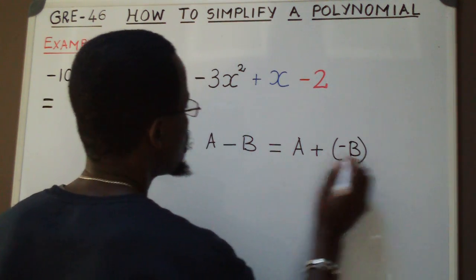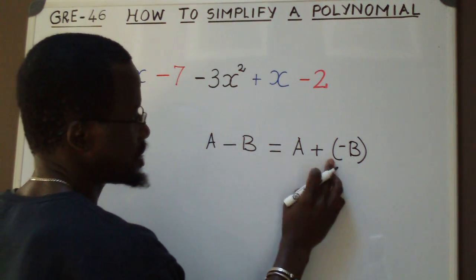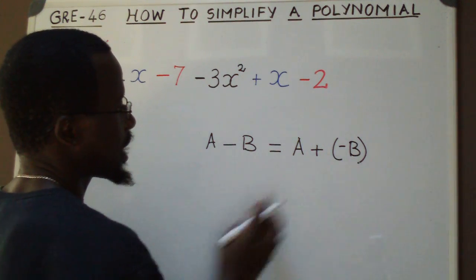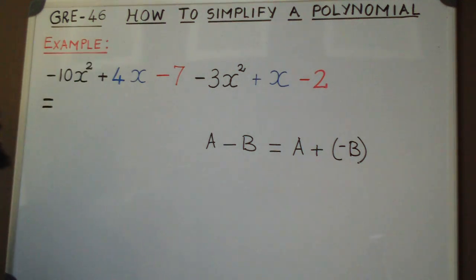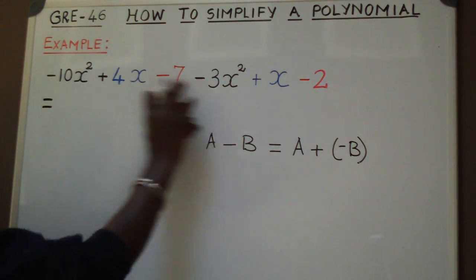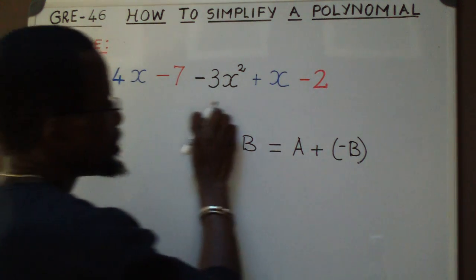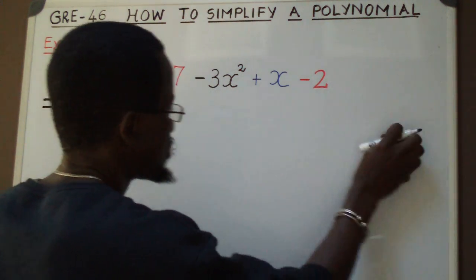In other words, subtraction is the same as the addition of the opposites. Okay, so this principle is the principle which I'm going to use in my first step in order to transform this polynomial here into a polynomial that is more easily dealt with.